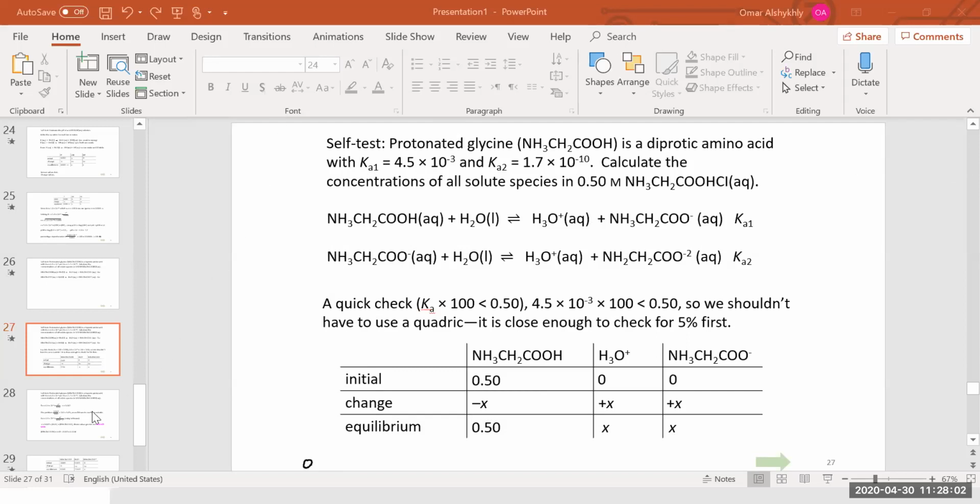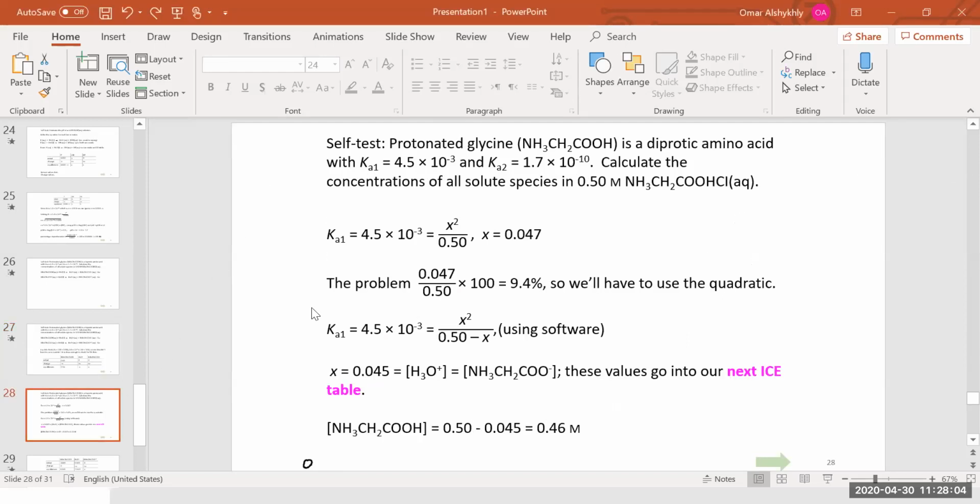Let's go to the next slide and look at what we have. We have the Ka1, which is 4.5 times 10 to the negative 3, equal to x squared divided by 0.5. Doing the math, x will equal 0.047.